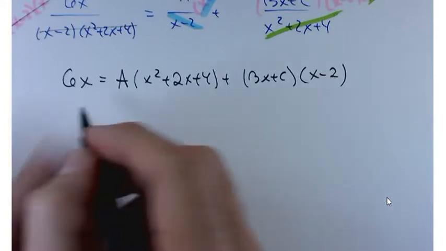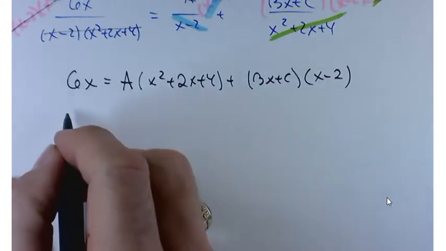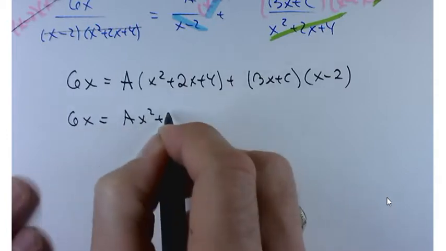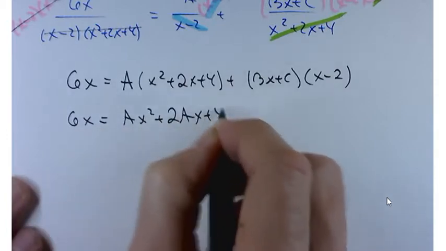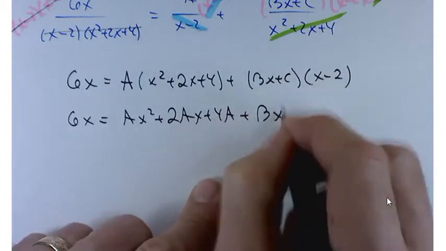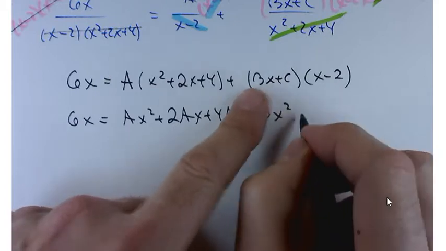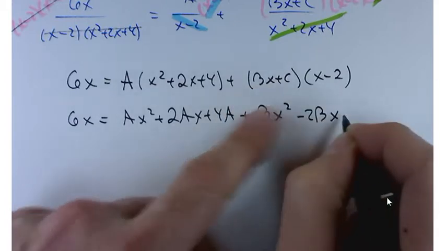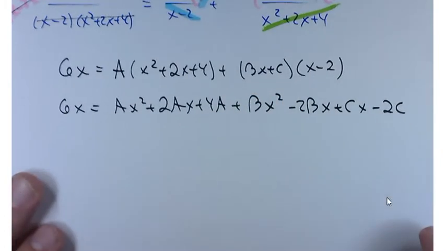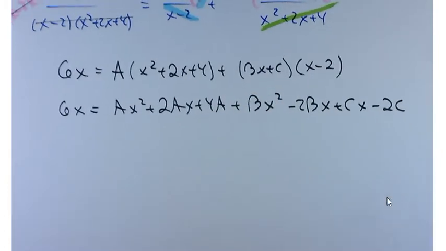So let's distribute here, and I get 6x equals Ax squared plus 2Ax plus 4A. And over here, I'll FOIL. I'll get Bx squared minus 2Bx plus Cx minus 2C. We're going to set up a system of equations, much like we did with the very first problem here.